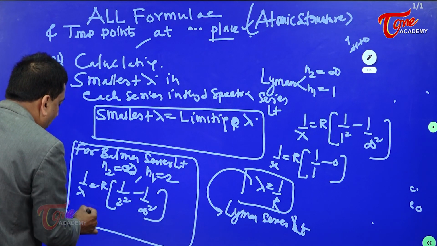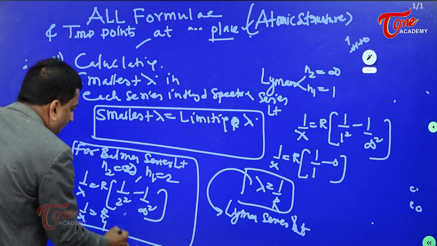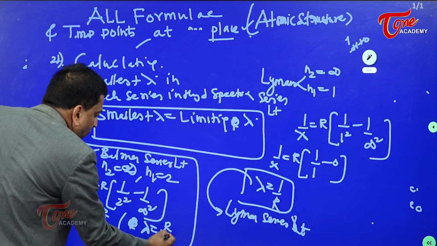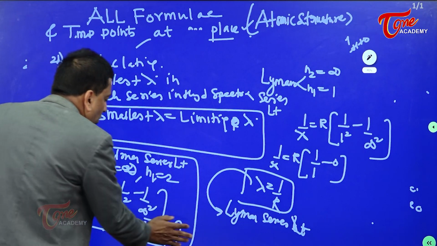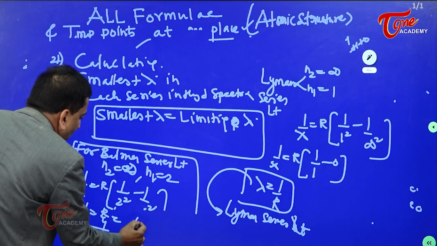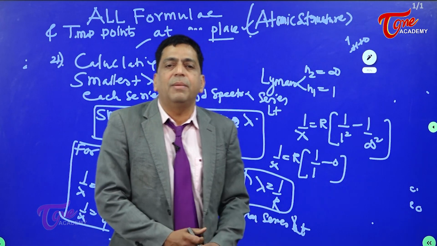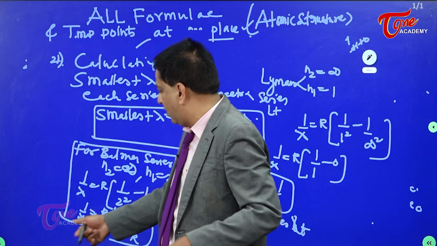So if you calculate, 1 by lambda is equal to R by 4, or I can simply say lambda is equal to 4 by R. Lyman is 1 by R, this is 4 by R, you must understand this. Right, so for the Balmer series limit, in the exam he'll ask you 1 by R, 2 by R, 3 by R, 4 by R. The answer is 4 by R.